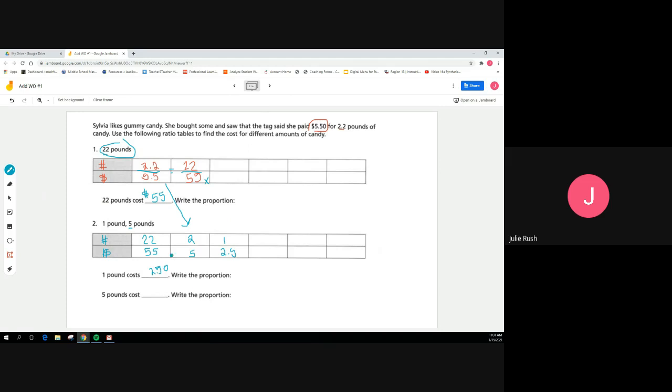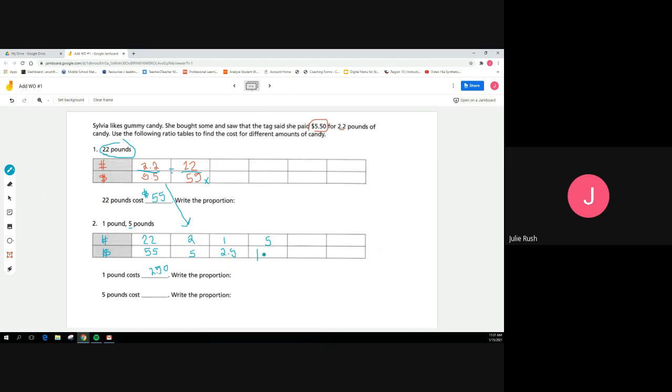Okay. And now we want to know 5 pounds. And so I just multiplied 1 times 5 to get to 5. And then I multiplied 2.5 by 5 as well to get my bottom answer. 5 times 2 gives me 10. 5 times 0.5 gives me 2.50.